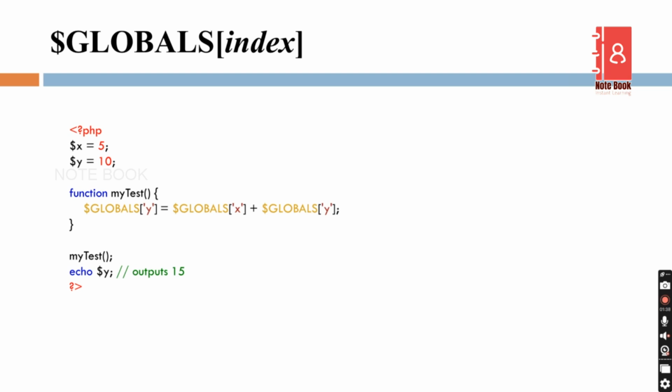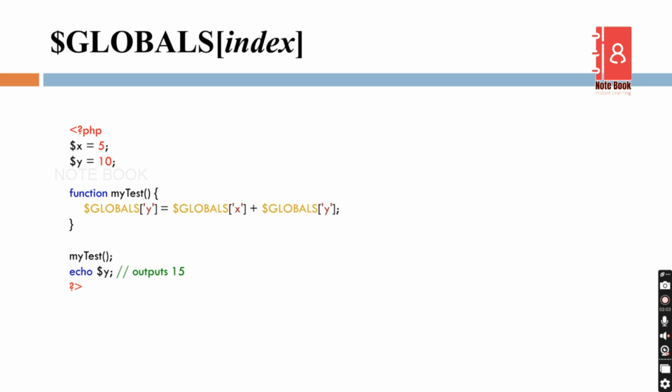You can see with an example here. There is a PHP script. $x is equal to 5, $y is equal to 10. Two variables x and y were declared and initialized, x is 5 and y is 10. Then the function myTest. Inside we have $GLOBALS['y'] is equal to $GLOBALS['x'] plus $GLOBALS['y'].